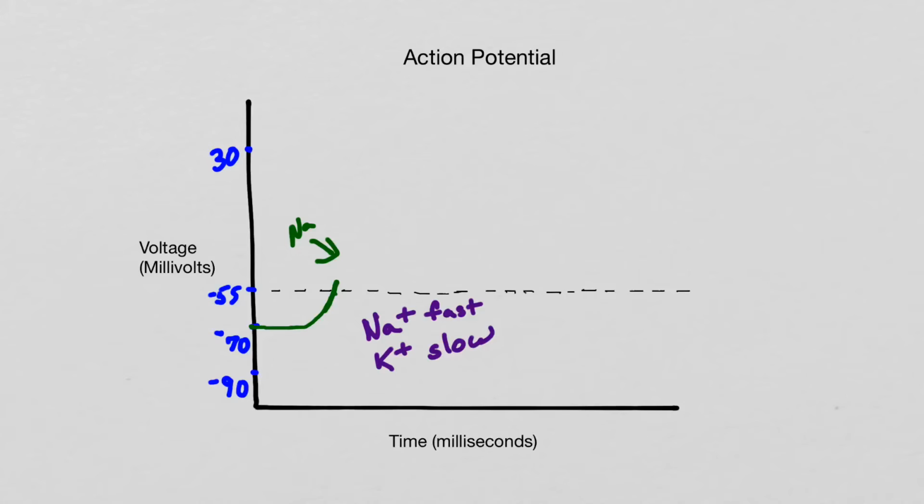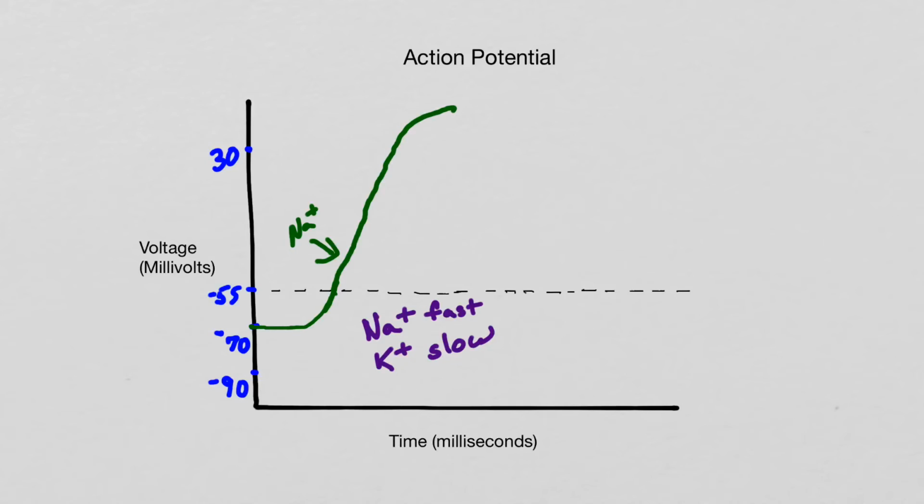And as that positively charged sodium rushes in, it's going to make the inside of the cell membrane less negative, and that's going to decrease the difference between the inside and the outside. And it's going to decrease it so much, it actually goes in the other direction.